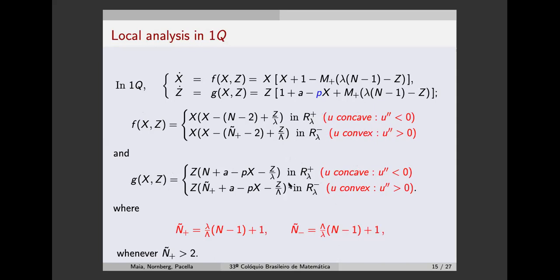This is going to be important in order to write explicitly this expression in the dynamical system, depending on whether you are above or below the horizontal line z equals lambda n minus 1. Again, the dimension-like numbers come into play in these expressions you see here, n tilde plus and n tilde minus. And we are going to work with n tilde plus bigger than 2 in the whole setting.